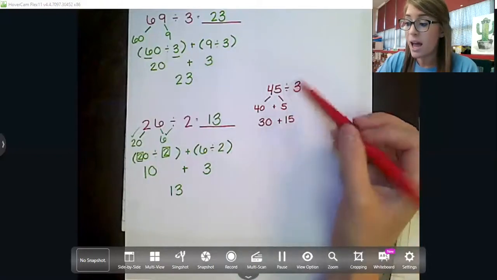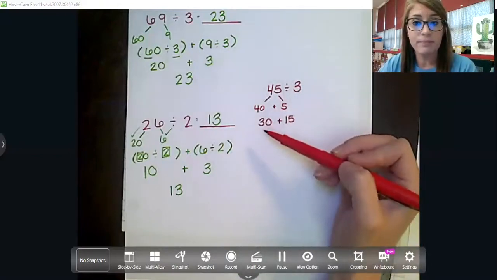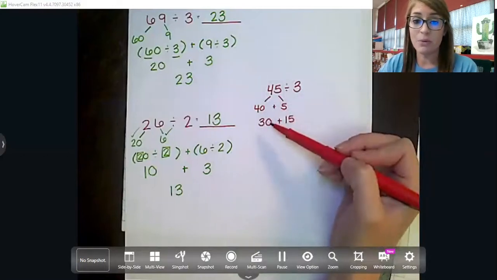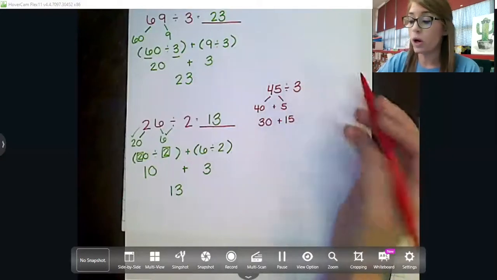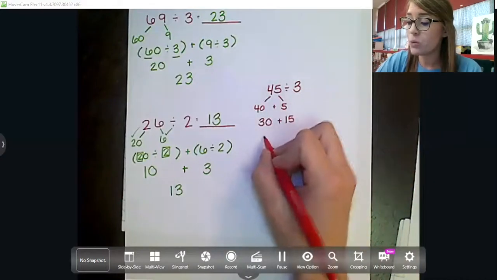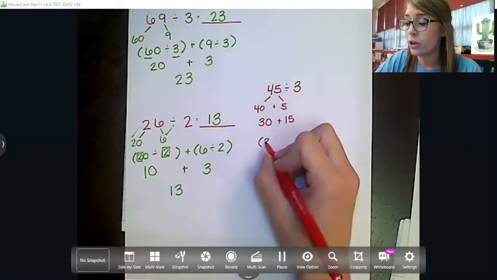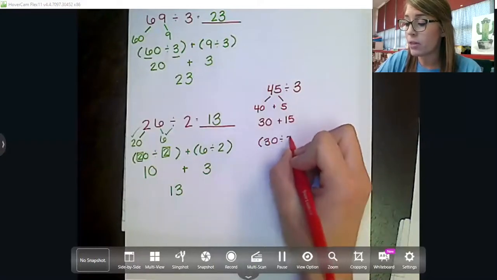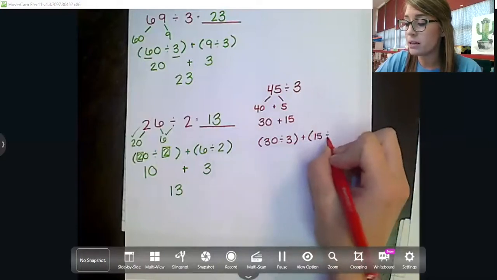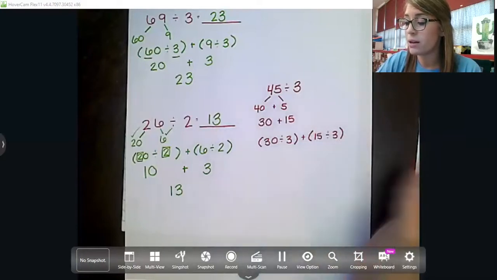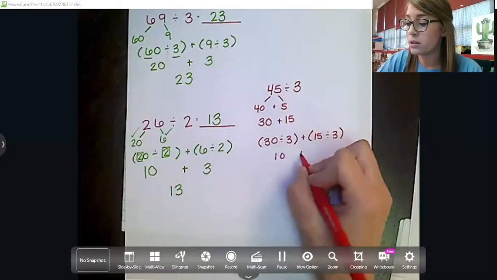It does. And can 3 go into 30? 3 times 10 equals 30. And then 3 times what equals 15? Very good. So that's going to work as well. And then you would just do it like so. 30 divided by 3 plus 15 divided by 3. You would solve those, and then you would get your answer.